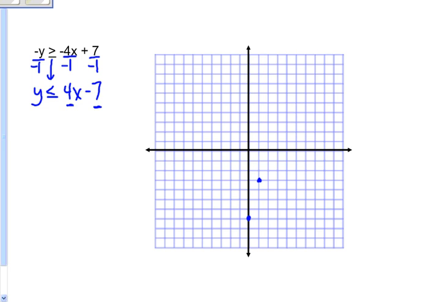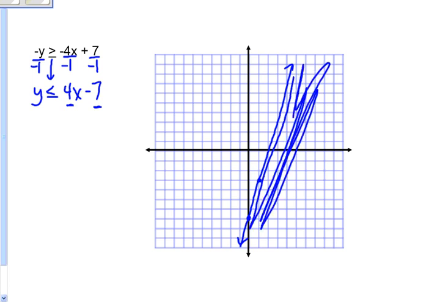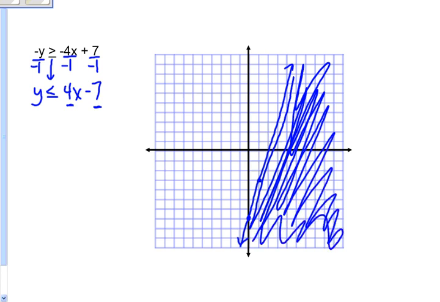Okay, so now we look back at our inequality symbol. This does have an equal to bar, so we can draw a solid line here. And then it's less than, so once again less than means we shade down. So here's our line, and going down would be this direction. And we shade just everything going down. And that's the solution to this particular linear inequality.